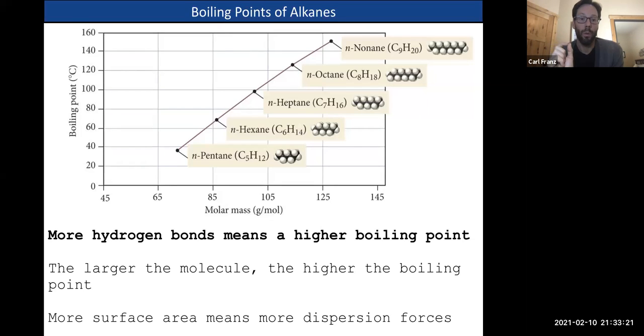So the more hydrogen bonds that a molecule has, the higher the boiling point, okay? Also, typically the larger the molecule, the higher the boiling point, because again, the larger it is, the more intermolecular forces are at play, right? So the more energy it takes to break apart those intermolecular forces.